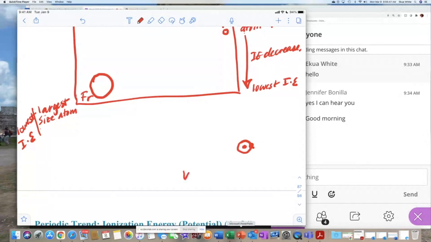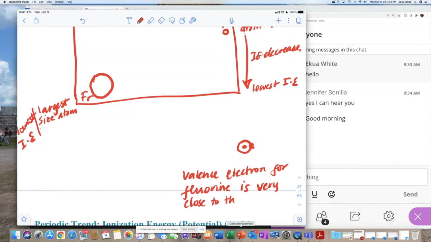So the valence electron for fluorine is very close to the nucleus, right? Because the atom is very small.